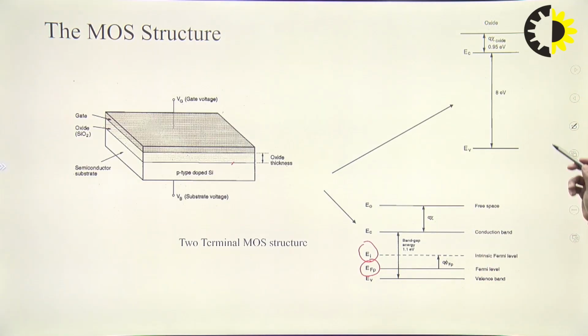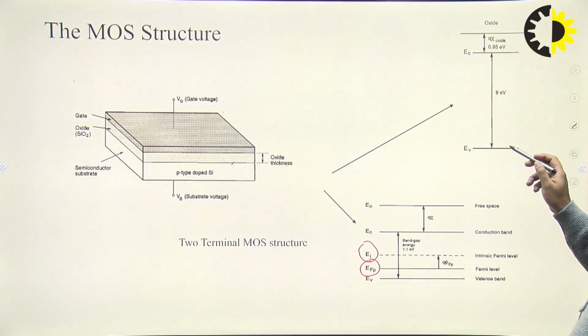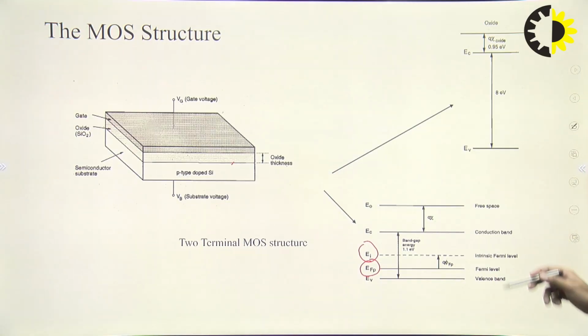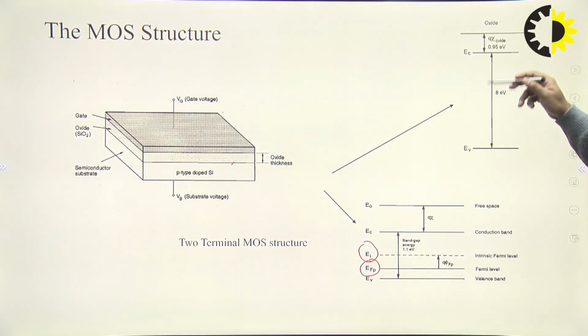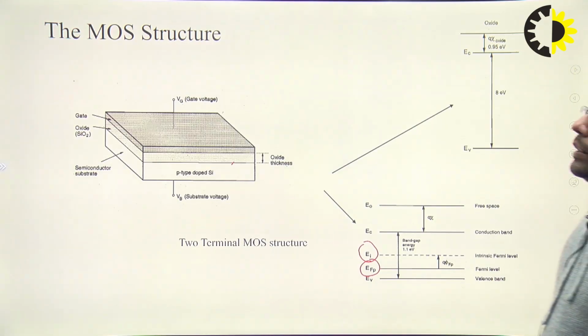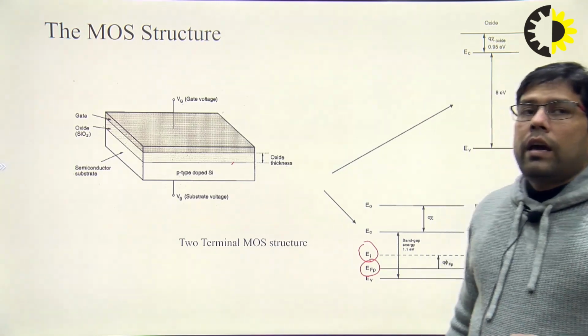So the conduction cannot be possible in the insulating layer due to having a very large forbidden gap. This is the insulating material energy band diagram.